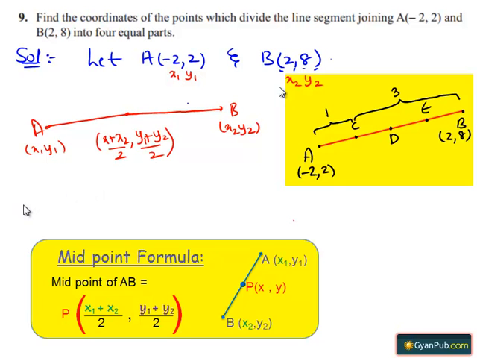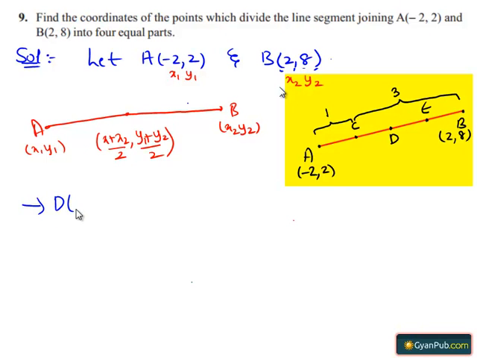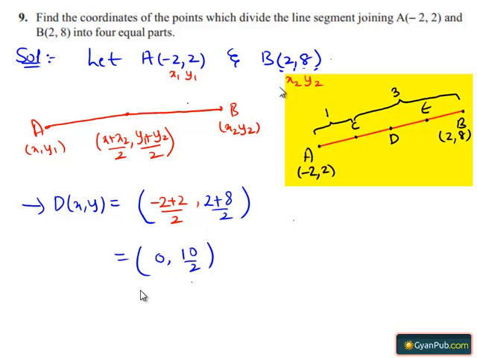So the coordinates of the point D will be D(x, y) equals (-2 plus 2) whole divided by 2, (2 plus 8) whole divided by 2. That equals -2 plus 2 is 0, 0 divided by 2 is 0, and 2 plus 8 is 10, 10 divided by 2 is 5. Hence, the coordinates of the point D are (0, 5).